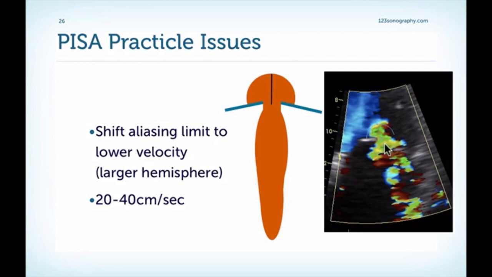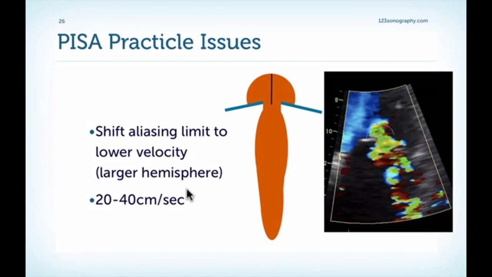What are the practical issues when you perform the PISA method? First of all, focus on your region of interest, use the zoom. You have less measurement area here. Second, try to use a frame where you can clearly see this hemisphere during systole, where you have the impression that this hemisphere is largest.